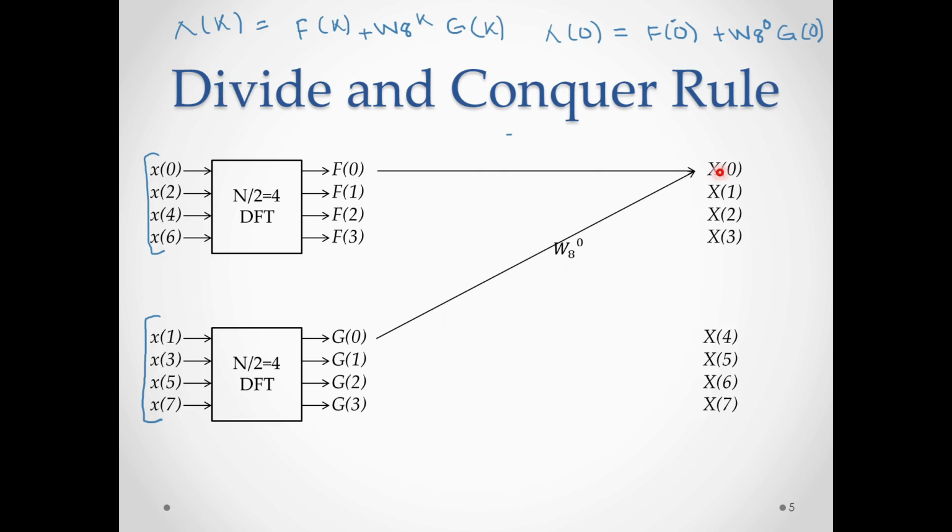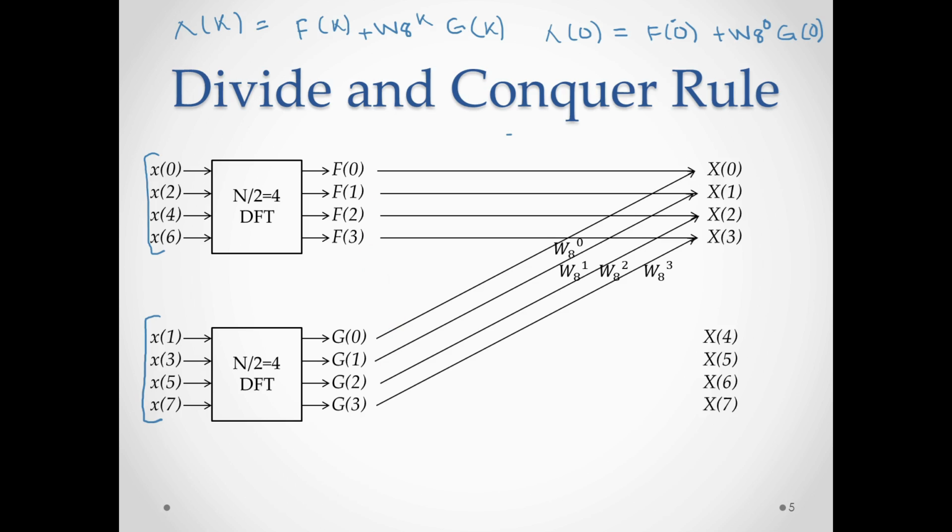Similarly, for x of 1, this 0, this 0, this 0 and this 0 would be replaced with the term 1. So our answer would be g of 1 multiplied by W8^1 plus f of 1, which can be seen over here. Similarly, the x2 and x3 terms would be calculated.